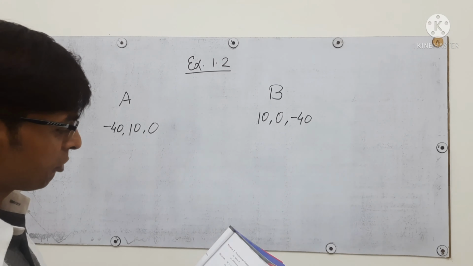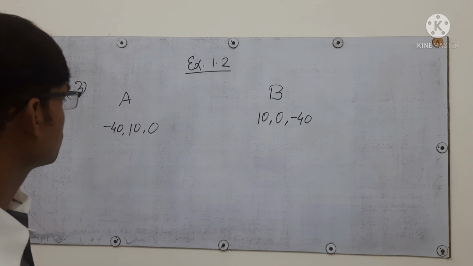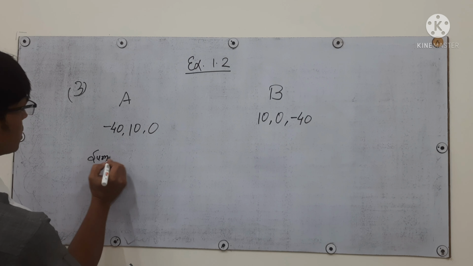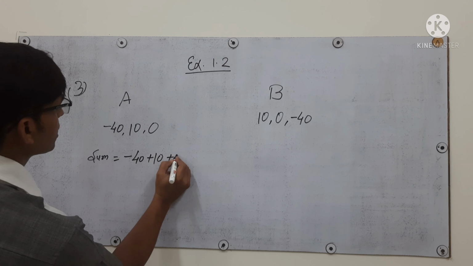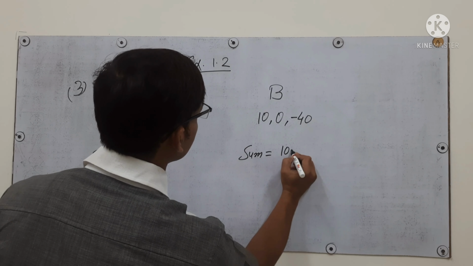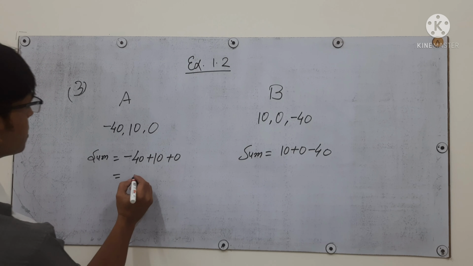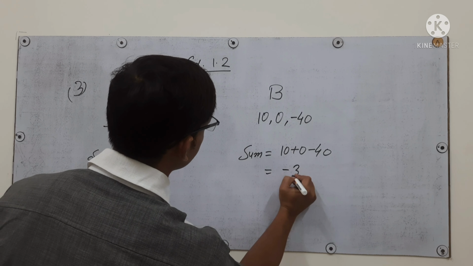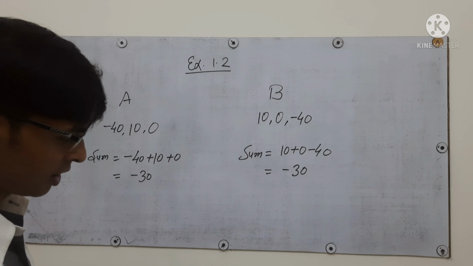Whenever we have to find the score of any team, we add all the numbers. So the sum is -40 plus 10 plus 0, and for team B, 10 plus 0 and -40. Here the answer comes -30, and here also the answer is -30. So in both teams we find the answer is -30.